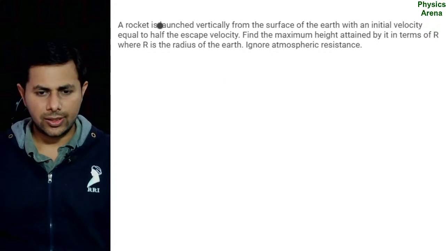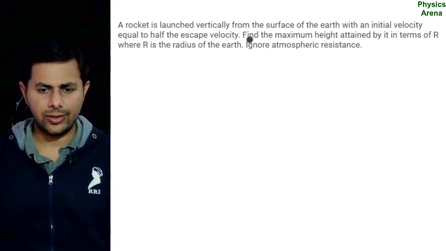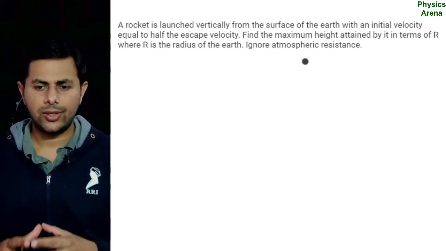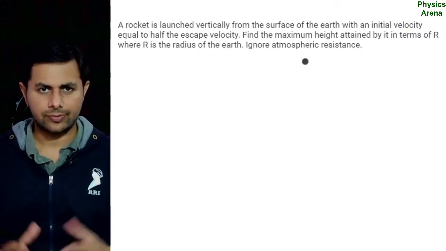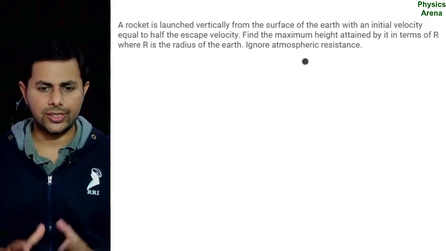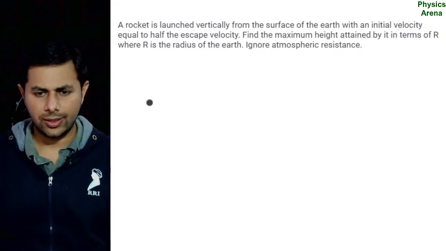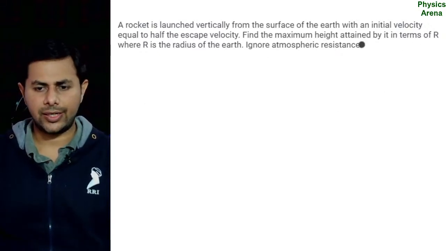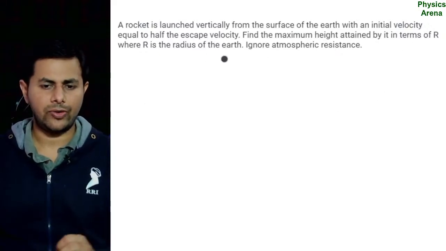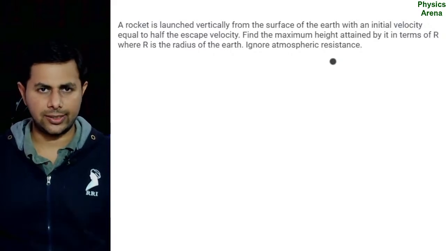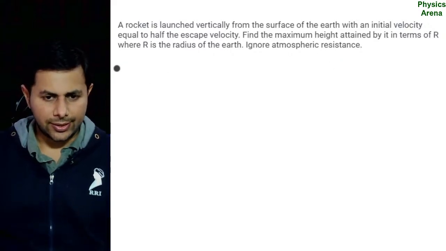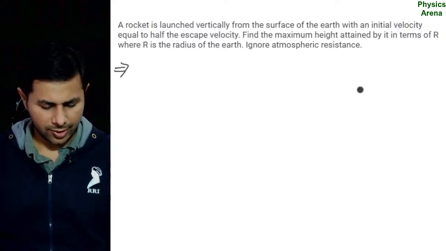Next problem: a rocket is launched vertically from the surface of Earth with an initial velocity equal to half the escape velocity. Find the maximum height attained by it in terms of r, where r is the radius of Earth. Ignore atmospheric resistance. All right, so this question is also simple.